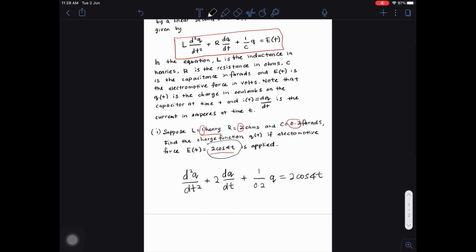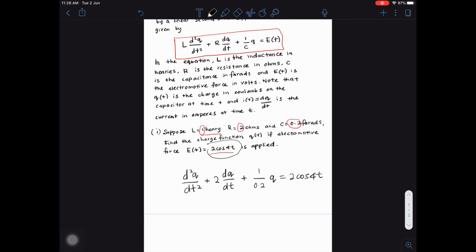After you substitute all the information, you already have the usual second order differential equation that you always see before when we learn the methods to solve second order differential equations. So there is no problem at all to solve this application question as long as you know how to analyze the equation and get the information from it.